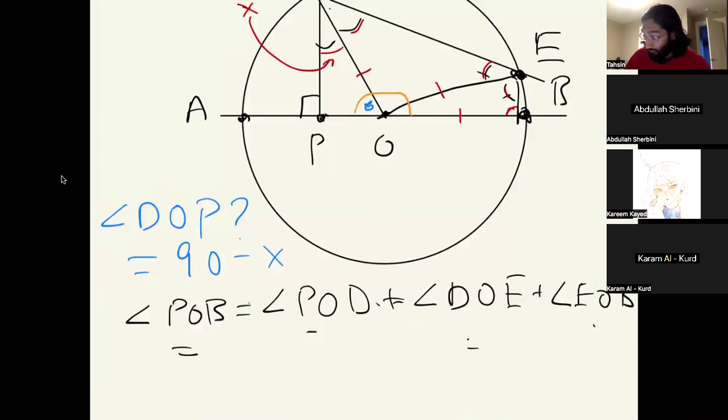The first one should be 90 minus x, what we're looking for. And then what about the other two? Actually, in this case, the other two should be the same, even though it does not look like that. My picture is drawn improperly. But maybe we can see that the other two should be 180 minus 2x. Is that clear?